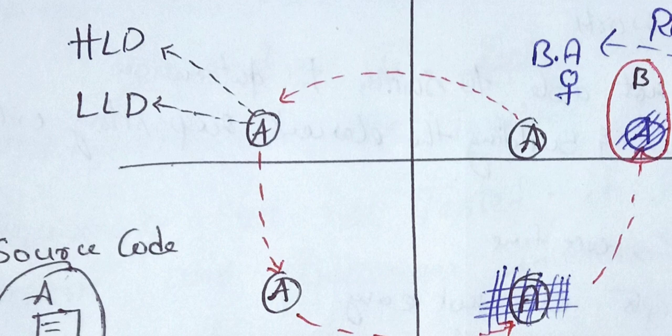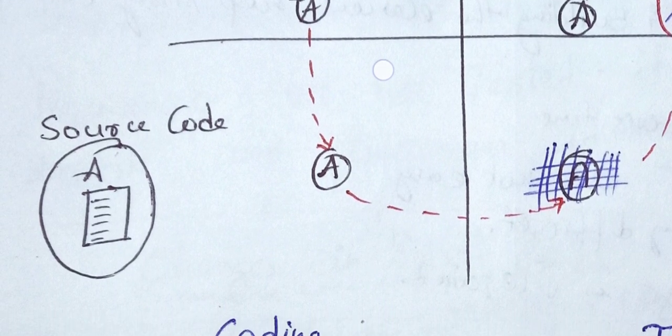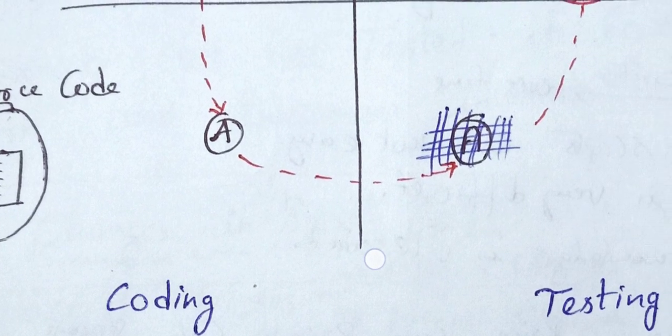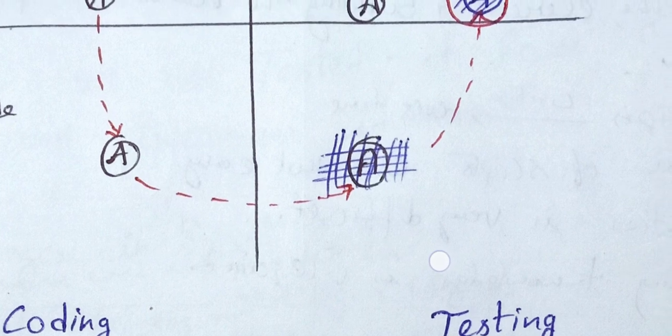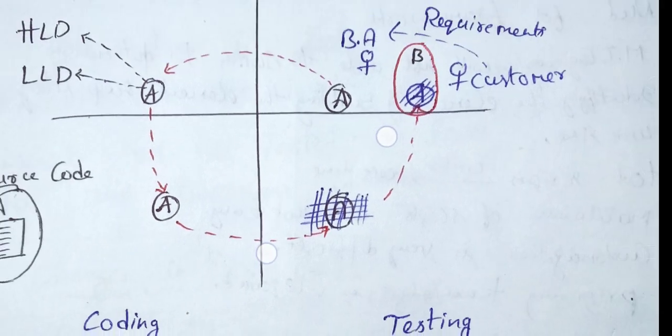This will be given to the coding part, which is done by the development engineers. They will write source code and give that source code to us, module A. We will test that module A and we put it aside. This is stage 1.